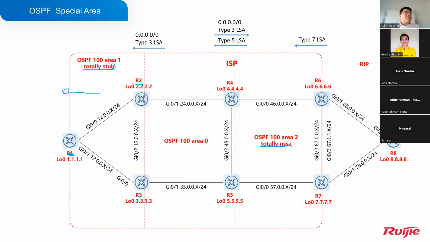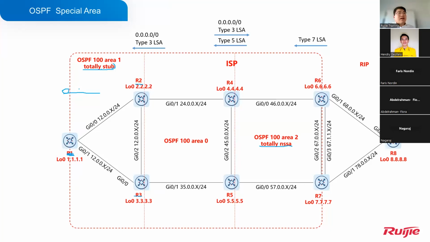So we can reduce the number of routing entries in the IP routing table, and we can reduce the number of LSAs in the LSDB. It's mainly suitable for lower-end devices.